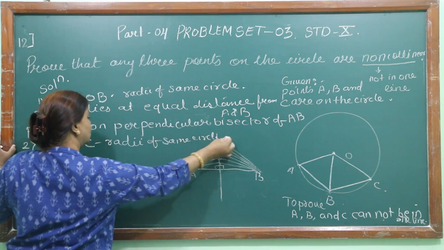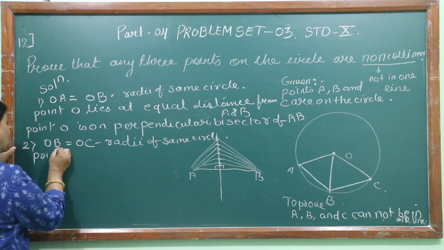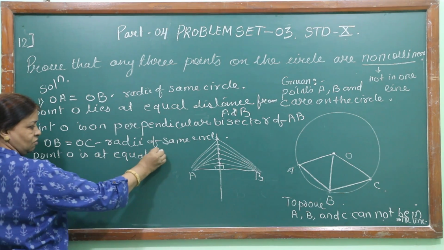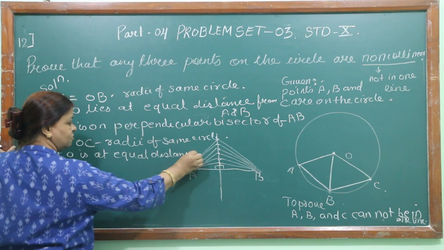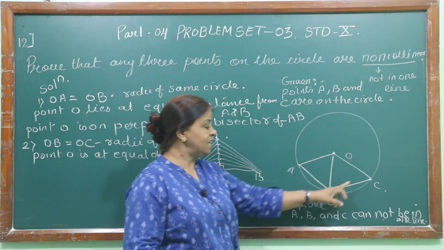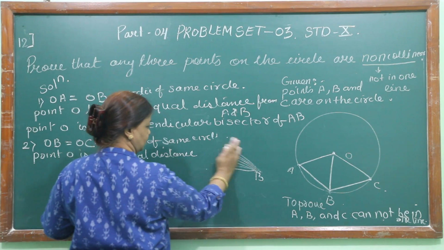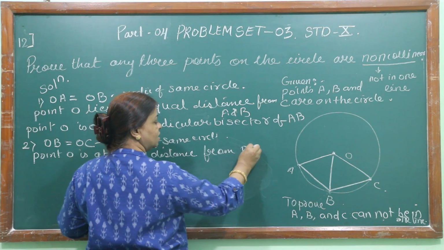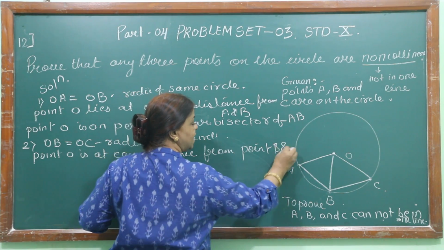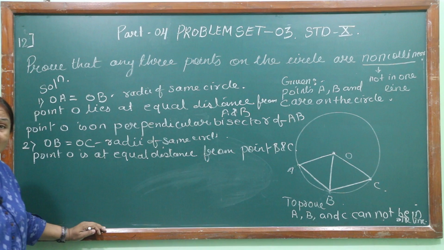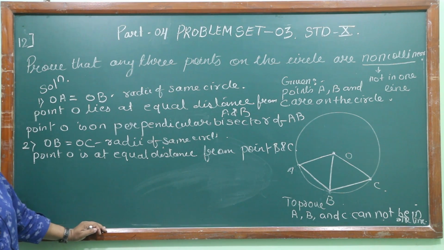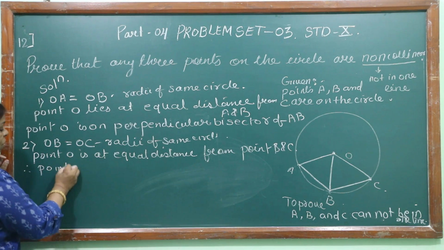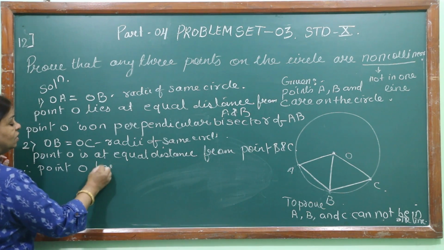That means point O is at equal distance from point B and C. That means point O will lie again on the perpendicular bisector of BC.